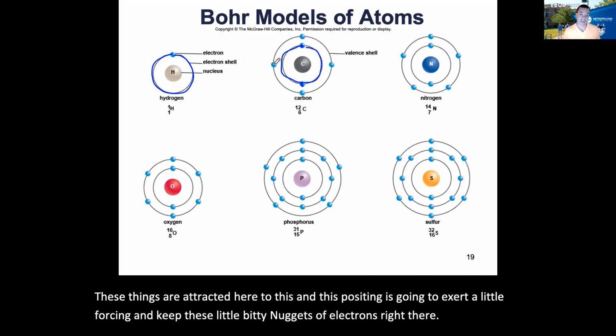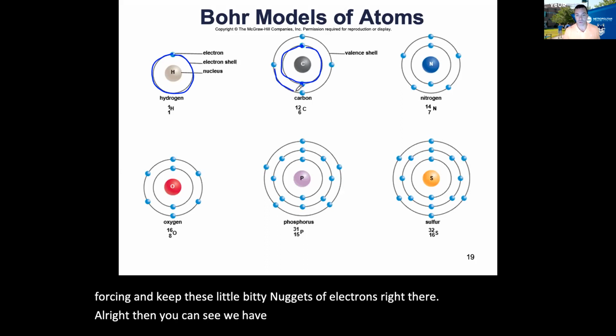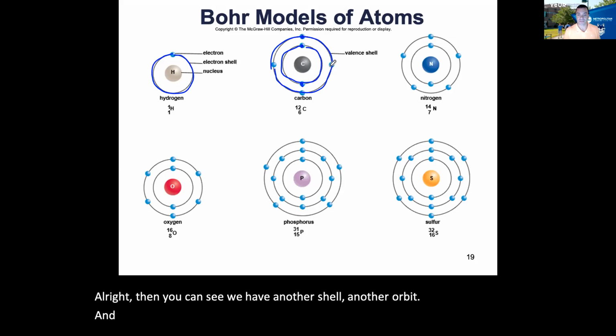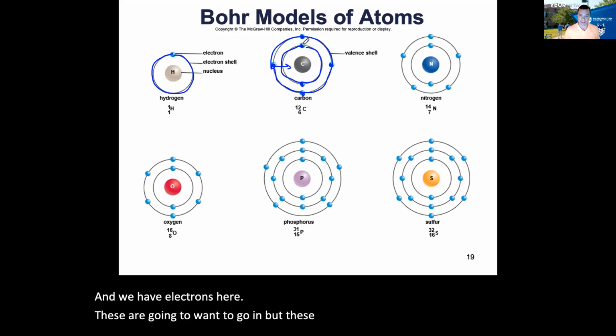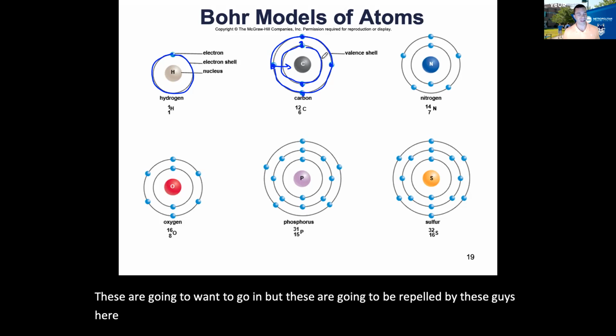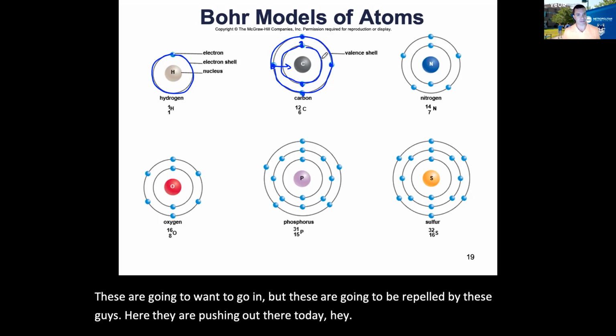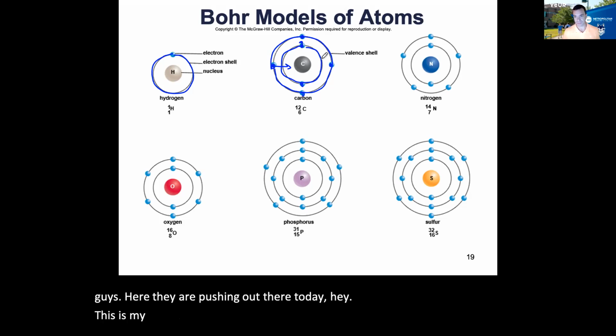All right. Then you can see we have another shell, another orbit. And we have electrons here. These are going to want to go in, but these are going to be repelled by these guys here. They're pushing out. They'll be like, hey, this is my space, and don't come in my space.